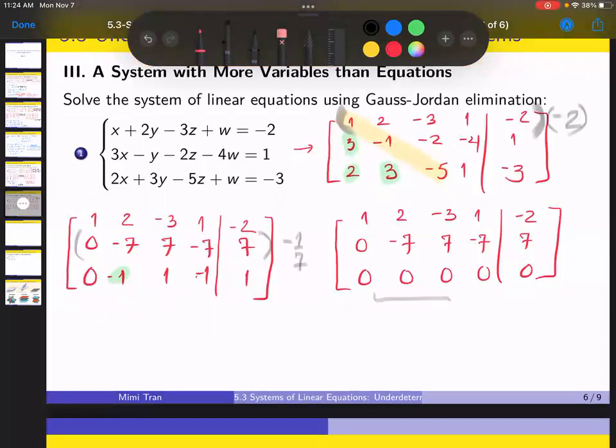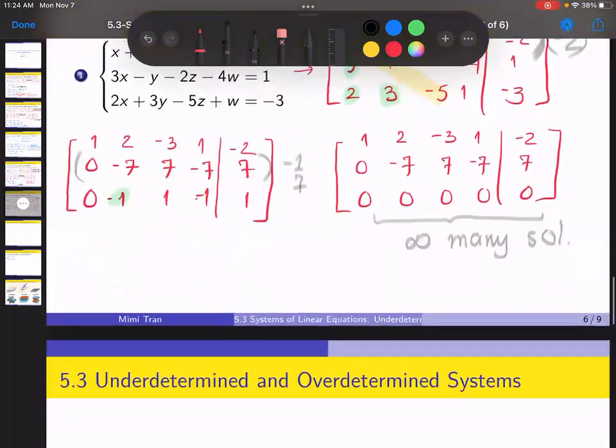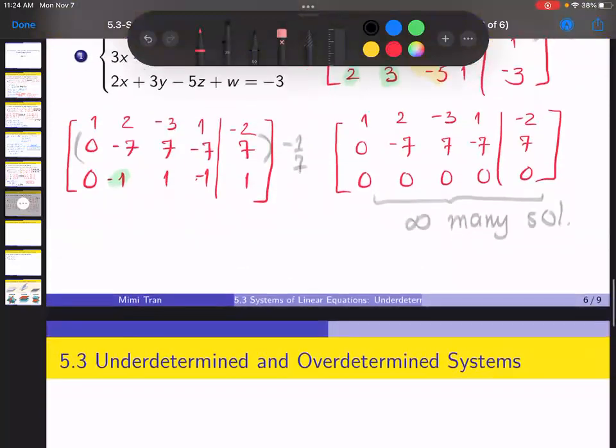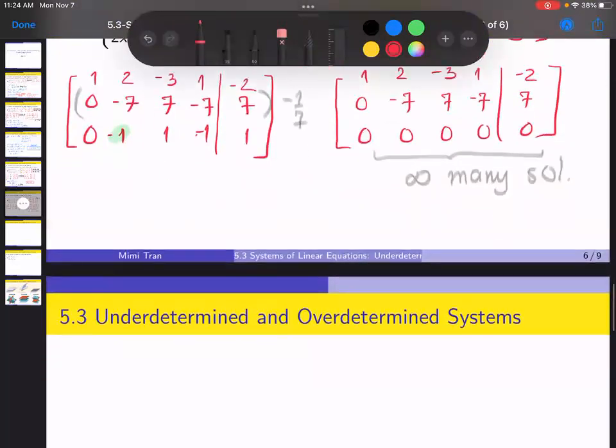So the last line implies infinitely many solutions. Now what do we do? We don't stop here. We rewrite it with x, y, z, right? So x plus 2y minus 3z plus w equal -2, -7y plus 7z minus 7w equals 7.